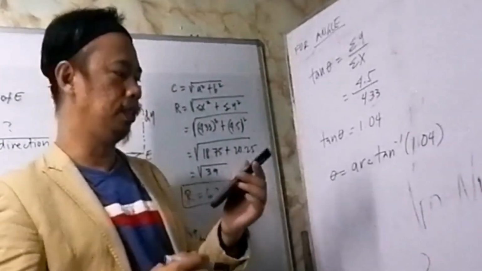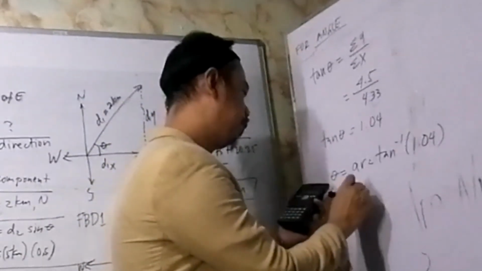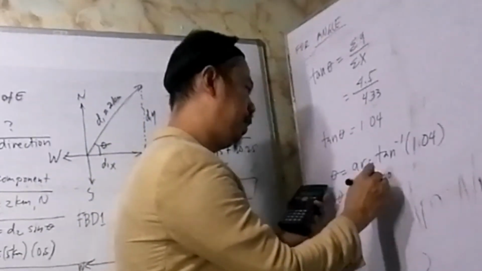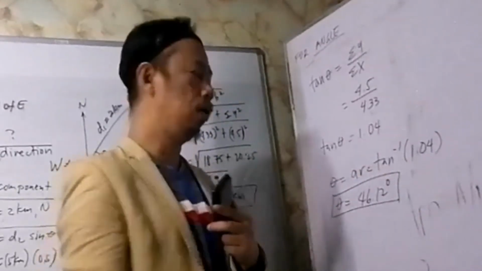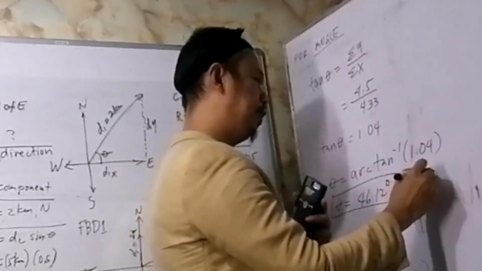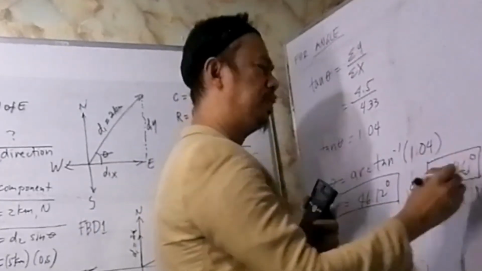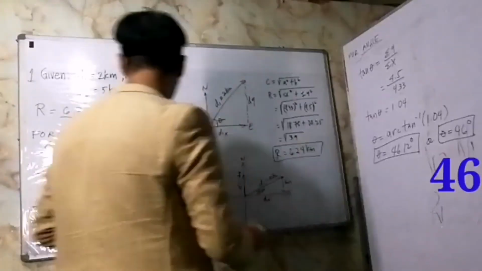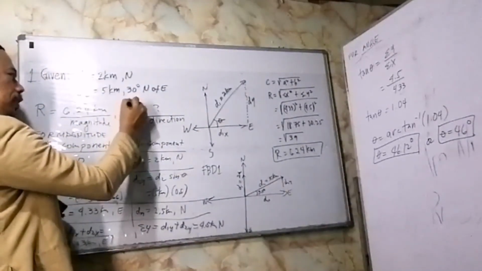So, we got 46.12. So, theta now is equal to 46.12 degrees. Okay, so this is the angle. Or, simply, theta is equal to 46 degrees. Okay, let's just use 46 degrees. Okay, now, so our theta here is 46 degrees.